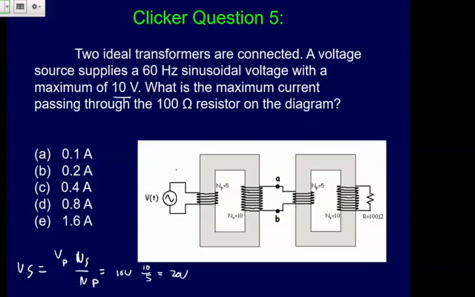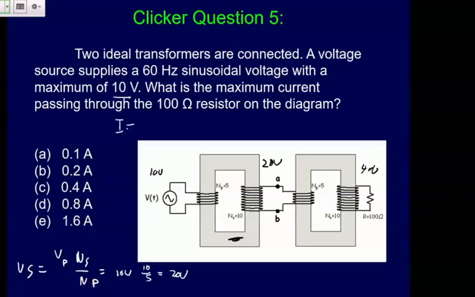So we're starting here at 10 volts, and at this in-between point, we've got 20 volts now. This one is just like a mirror image of the first, so it's going to step up the voltage, just like that last one, to 40 volts. So the voltage across this resistor will be 40 volts.